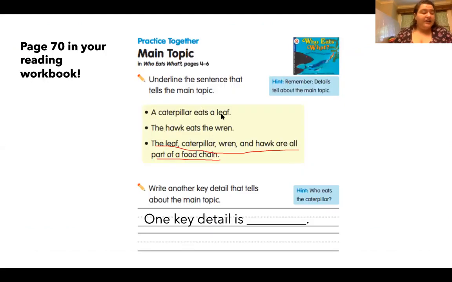So this was actually a key detail that I could use. I could also say the hawk eats the wren, or the wren eats the caterpillar. So I'm going to write one key detail is the caterpillar, or you could write wren or hawk, but I'm going to do the caterpillar.